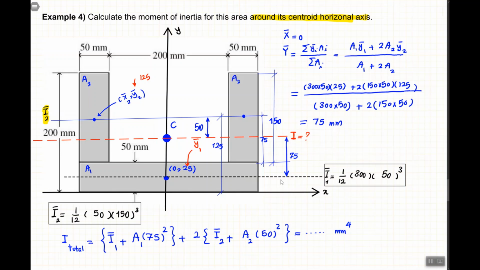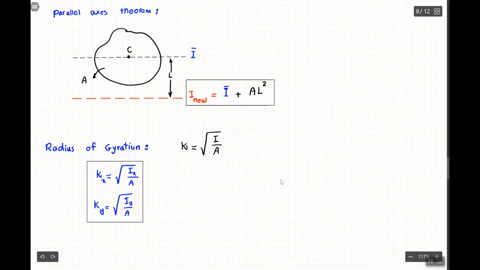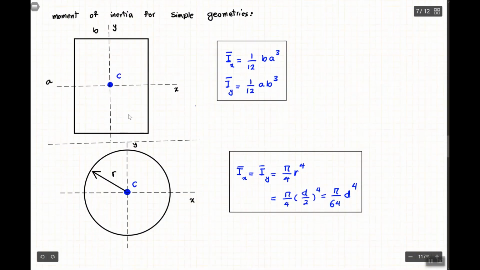And you have the parallel axis theorem here. And for two simple shapes, one is a rectangular shape, and the other is a circular shape, we can find the moment of inertia.